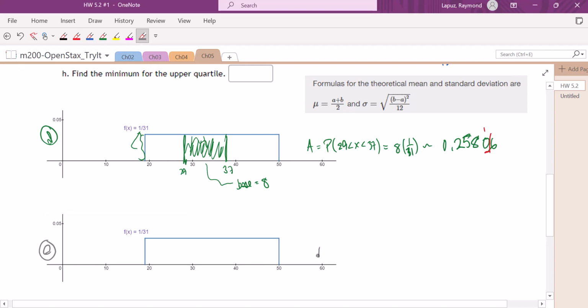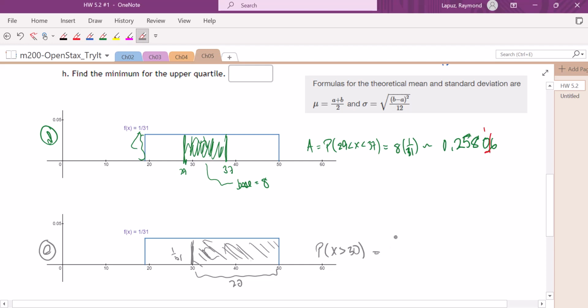We're looking for the probability that x is bigger than 30. So I'll mark my 30 over here, and anything bigger than that is what we want. This will have a base of 20 and a height of 1 over 31 again.